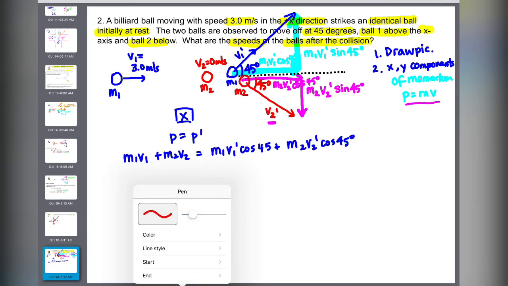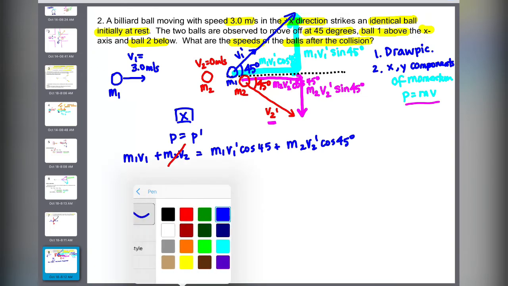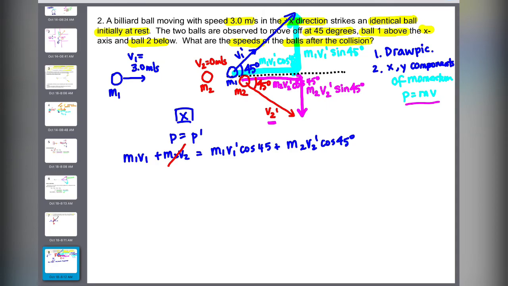I can cross out the v2, which is 0, so this is gone. Now I'm going to sub in my numbers that I know. I don't know the mass, but since they say that it's an identical ball, I can cancel all the mass. m1 and m2 cancel, because m1 equals m2. So they're the same.